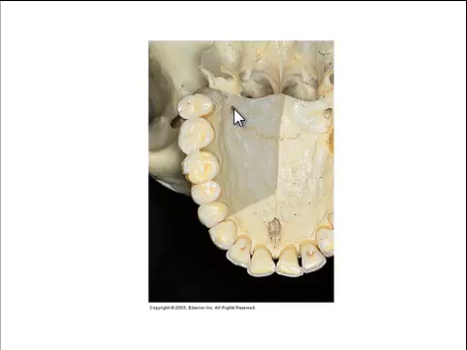And the greater palatine nerve will exit out of this foramen, and it innervates the palatal mucosa and bone from the premolars back, as well as lingual gingiva on one side. So if we look here, here's our greater palatine foramen. Here's our other greater palatine foramen.